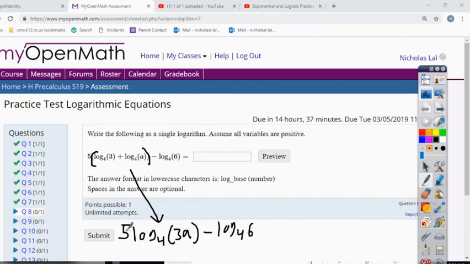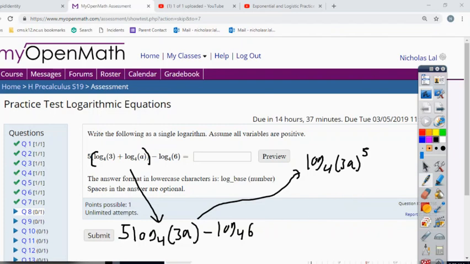So now I use the power rule to condense the log base 4 of 3a times 5 into the log base 4 of 3a to the 5th. So 3 to the 5th: 3 times 3 is 9, times 3 is 27, times 3 is 81, times 3 is 243.